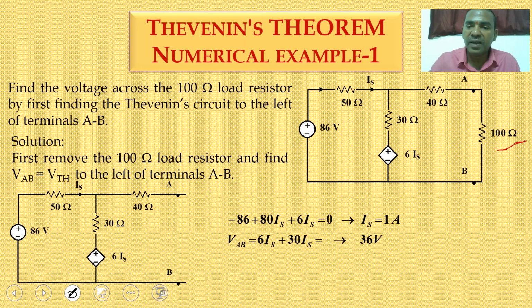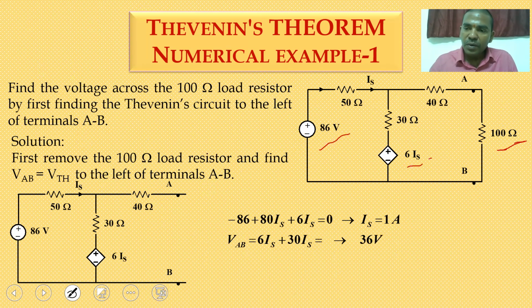But while you are going to the dependent sources, here for the problem 86 volts is an independent source, but 6 Is is a dependent source. So at that time we have to go for an assumption of current at the open circuited points, and with respect to that, you can go for the calculation of VTH and RTH also.